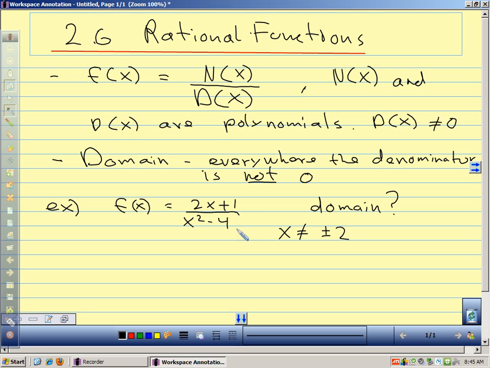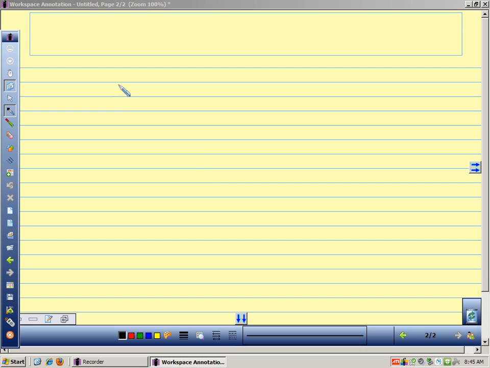So our function gets really, really large. So we have an asymptote. We have several rules for finding asymptotes of rational functions. We can have horizontal and vertical asymptotes. So we have a few rules for finding our asymptotes, and that's a big part of what we're interested in this section.